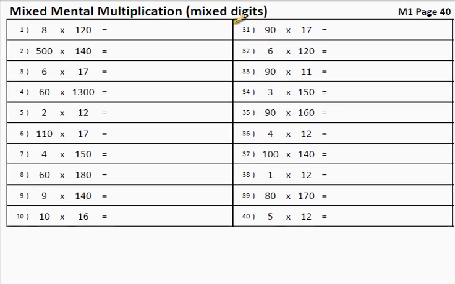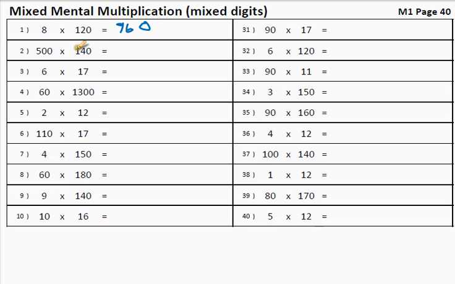Okay, now we've got higher numbers here. We're already on page 40. So let's see. What is 8 times 12? 8 times 10 is 80, 8 times 2 is 16, 80 and 16 is 96, and we add a 0. What is 5 times 14?